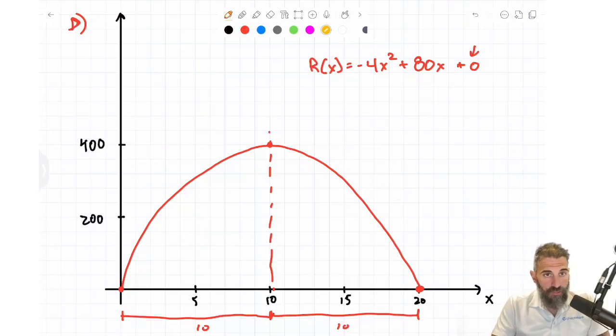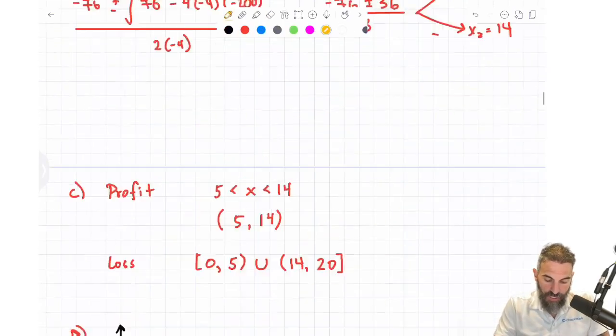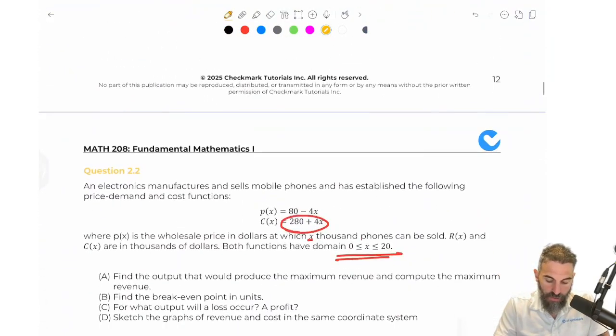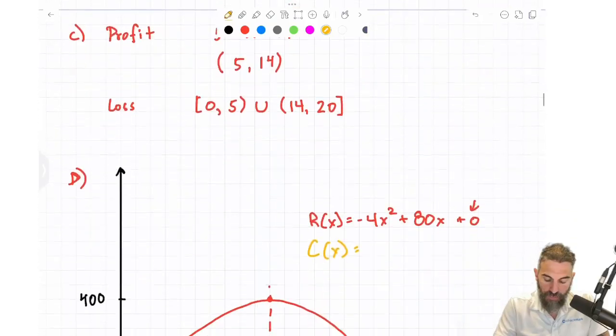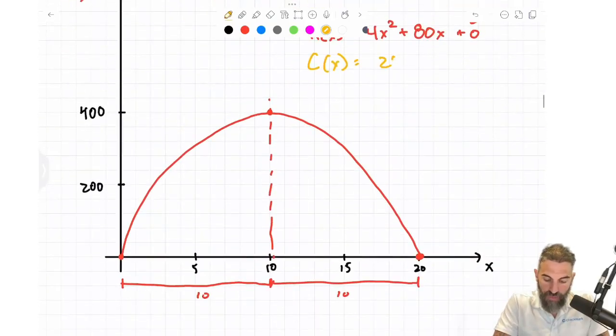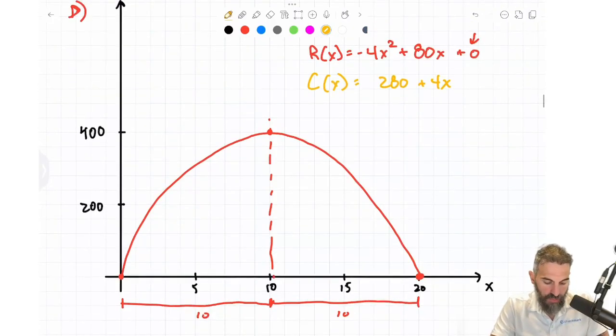Now, your costs. The cost equation was 280 plus 4x. So 280, that's your intercept. That's your fixed cost because you're going to incur that even if your x were 0. So 280 would be somewhere here. If that's 200 and that's 400, that means I'm jumping by 40. That's perfect.